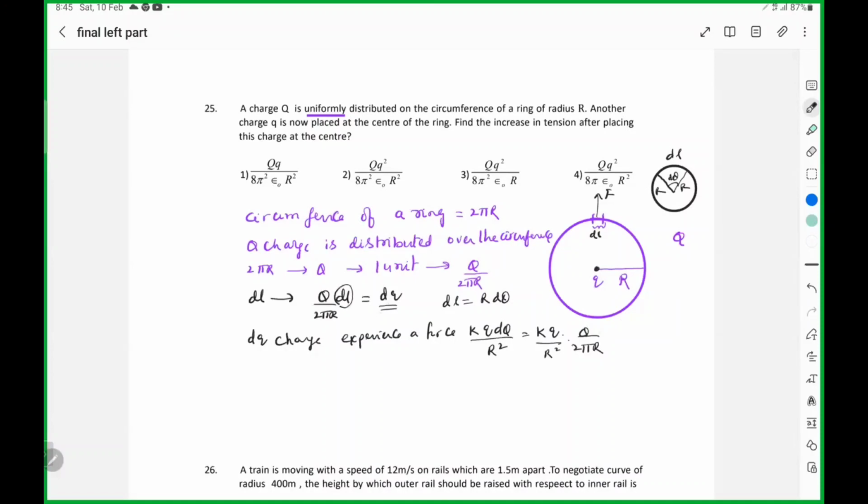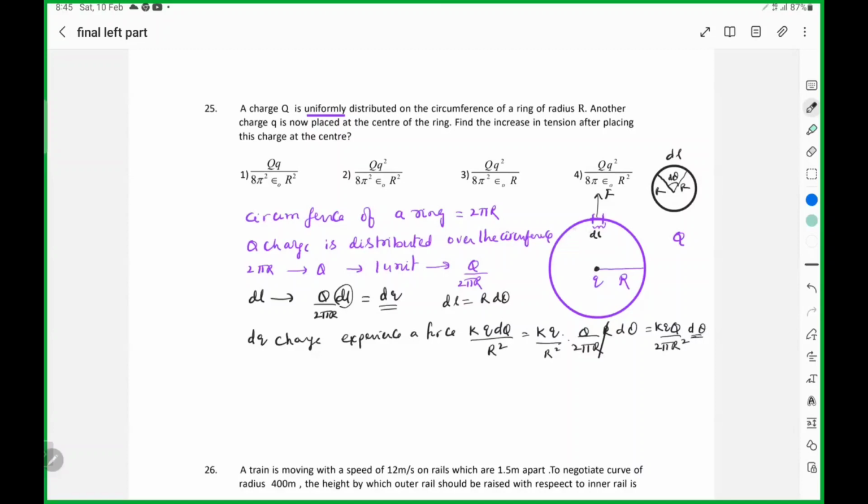So in place of dl, I will write r d theta. R gets cancelled out. So then you have k Q capital Q by 2 pi r square d theta.